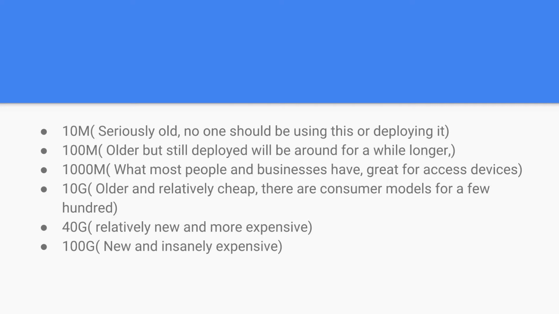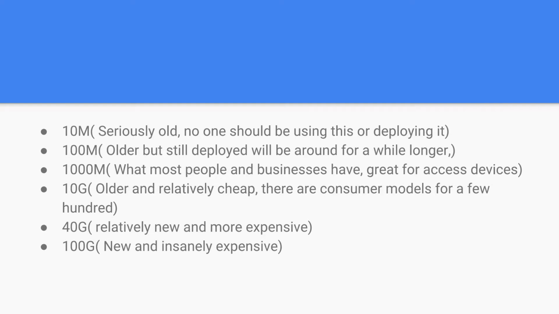And last but not least, I believe the current new hotness would be 100 gigabit Ethernet. I have not seen this actually deployed in any businesses. The closest I've seen to this would be where you would bond multiple interfaces together to get 100 gigabits.